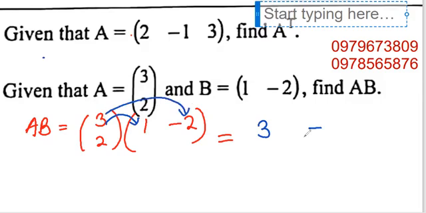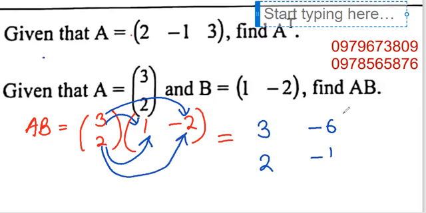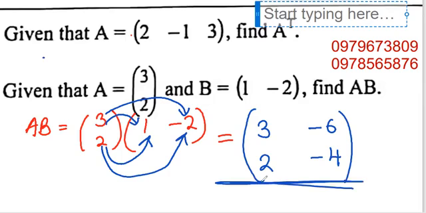This is going to give us negative 6. All right. Then we come to 2 by 1. This is going to give us 2. And then 2 by negative 2. This is going to give us negative 4. So this is what is going to be our answer.